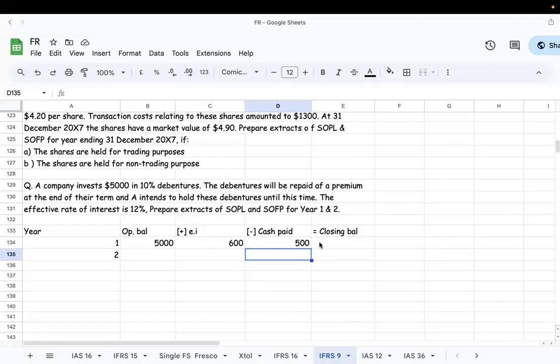So the closing balance is 5,000 plus this one minus the 500 they have already paid.